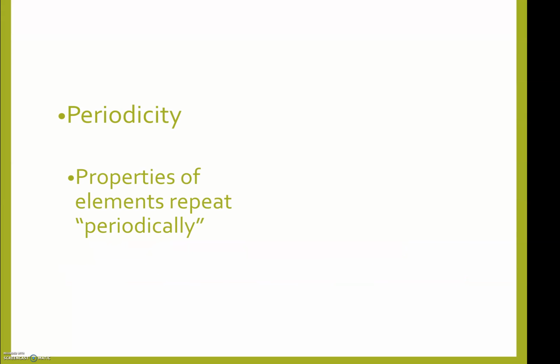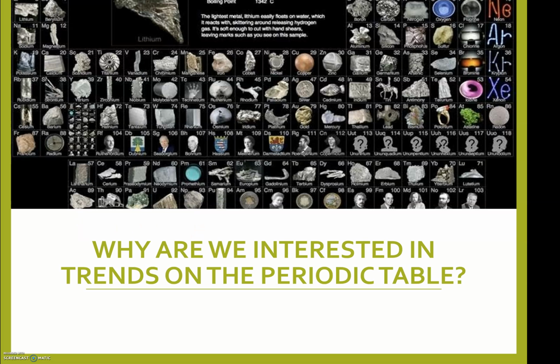So what is periodicity? Well, in my opinion, that seems like a $20 word, but really it's a $1 concept. So it sounds fancier than what it really means. Periodicity is simply the fact that we observe that properties of elements tend to repeat periodically when we look at the periodic table. So for example, if you look at the periodic table and go from left to right, you'll notice the properties tend to vary.